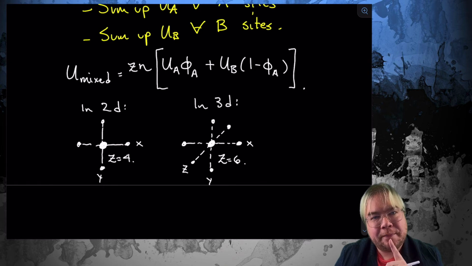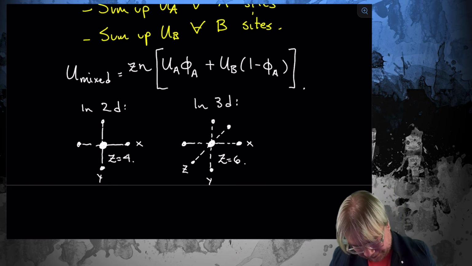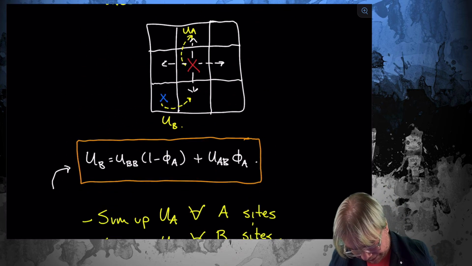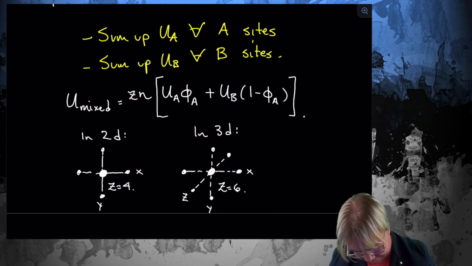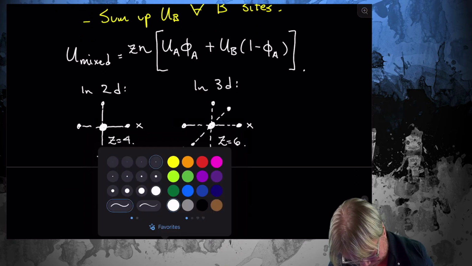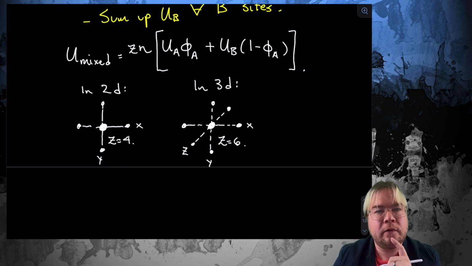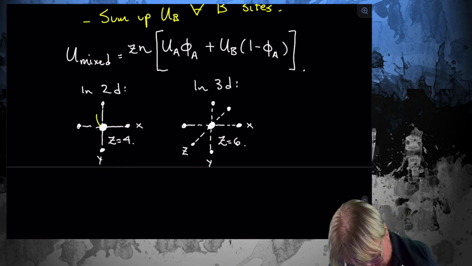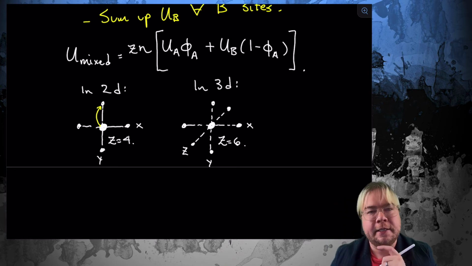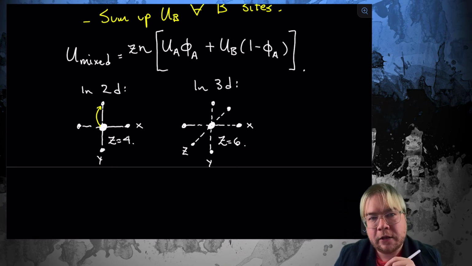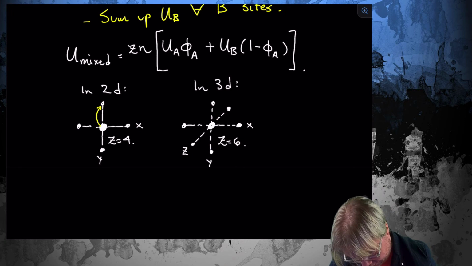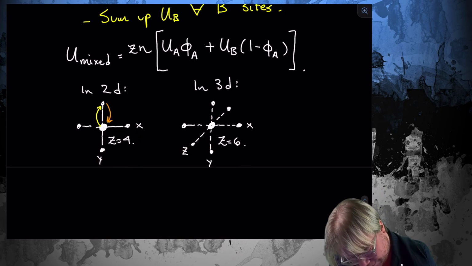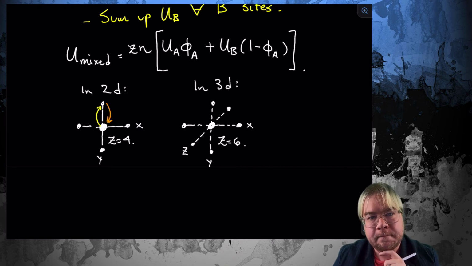And now there's a problem. We're going to have to fix this a little bit, because if I look at my lattice, let's consider the lattice site in the middle. I'm going to have an interaction with that lattice site. But when I look at the other lattice site later on in my sum, I'm also going to have that kind of interaction, just by the nature of how I'm counting.